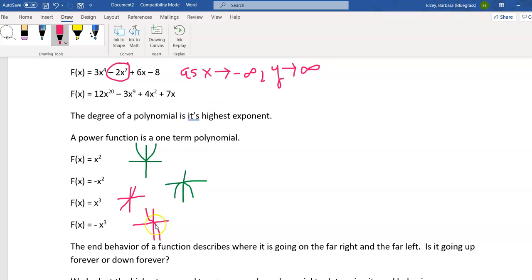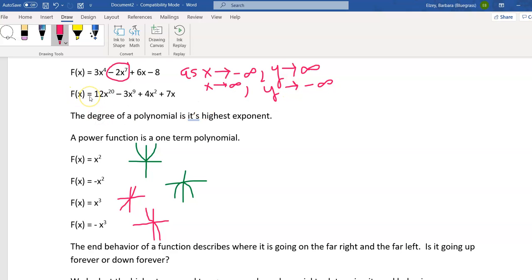On the other hand, on the other side, as x goes to the right, so as x goes to positive infinity, notice my y values are going down forever, so y goes to negative infinity.